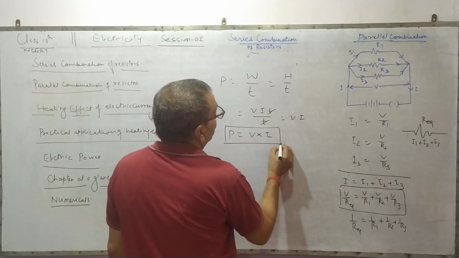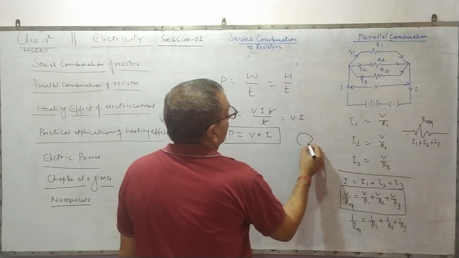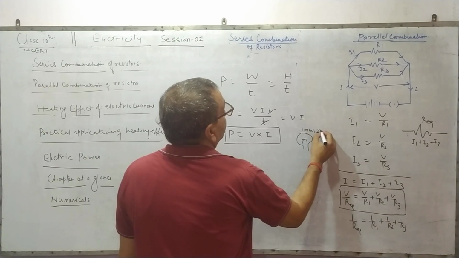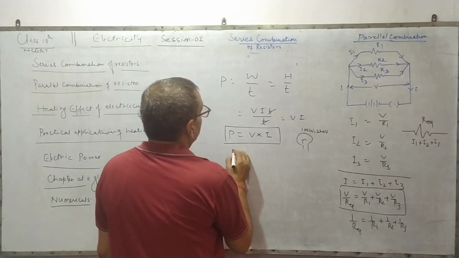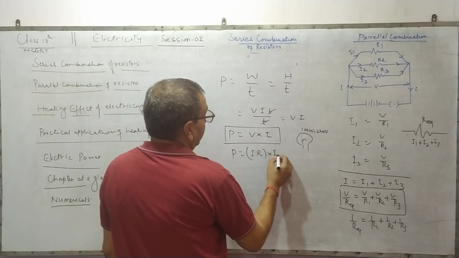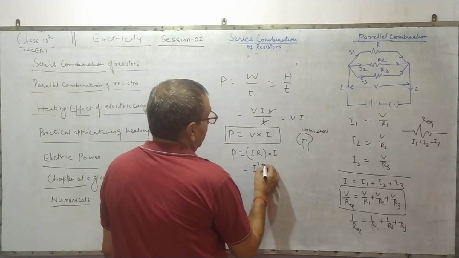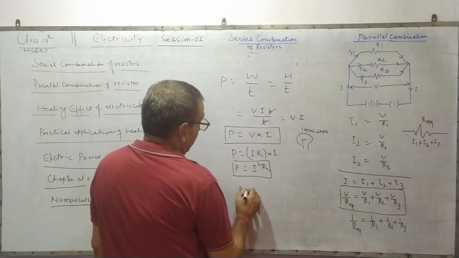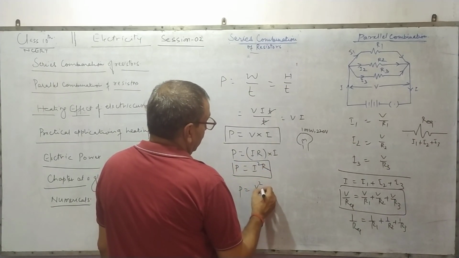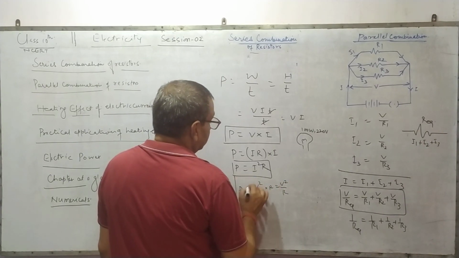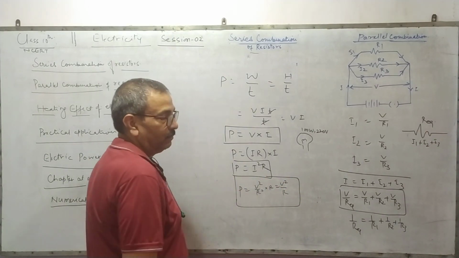Suppose we have given a bulb, 100 watt bulb 220 वोल्ट, P इक्वल्स टू I इंटू आर, ओम्स लॉ से पुट कर दें तो सेकेंड एक्सप्रेशन पावर के लिए हो गया I स्क्वायर इंटू आर। थर्ड एक्सप्रेशन I की ओम्स लॉ से V अपॉन R रख दें तो यू विल गेट V स्क्वायर बाई R। So there are three expressions for electric power.